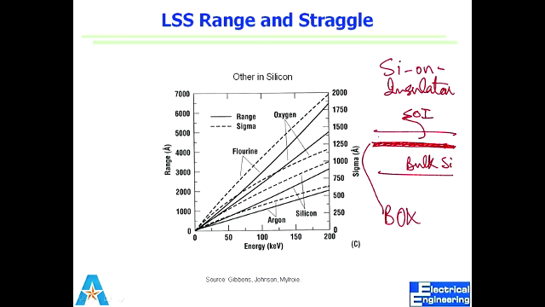What's the difference between this and growing an epi layer? You can't do it on top of silicon. For epi, you need a crystalline layer below to grow it. You can probably do it, but this is much simpler than epitaxy. Just implantation is much simpler.